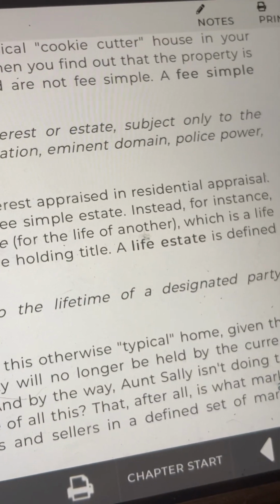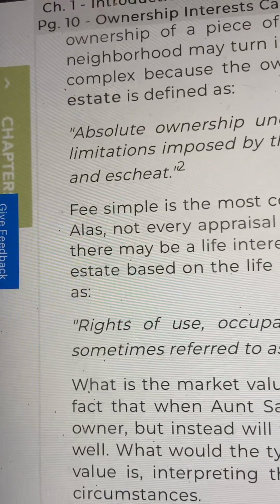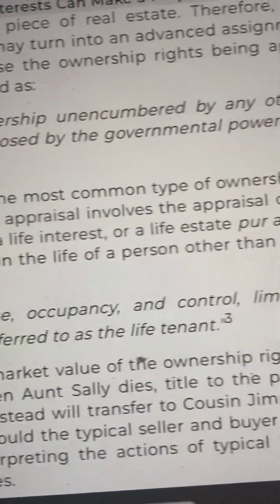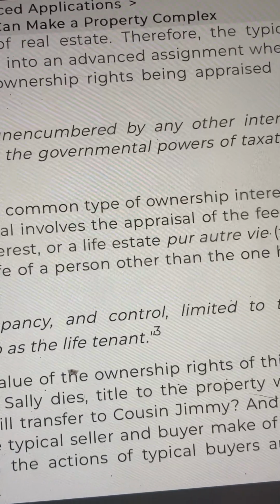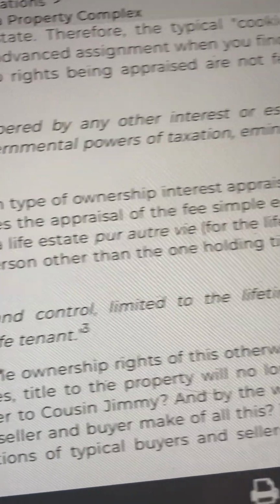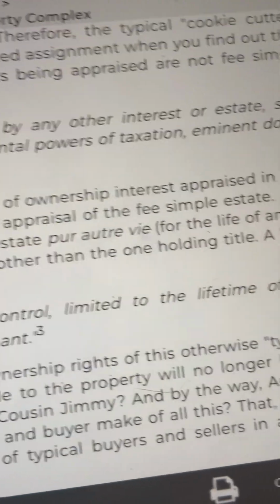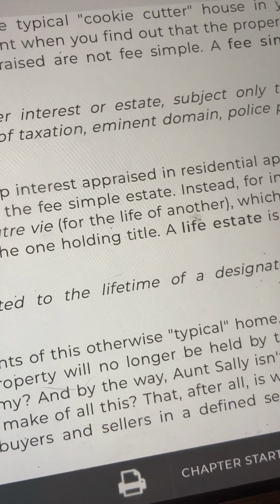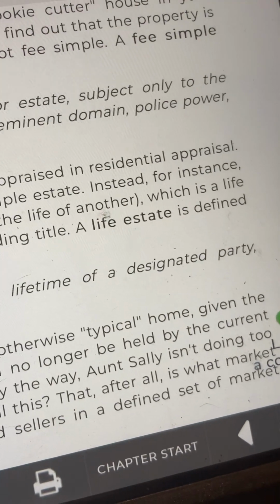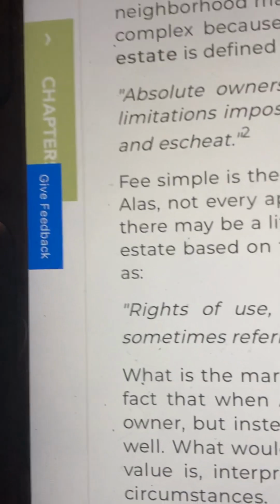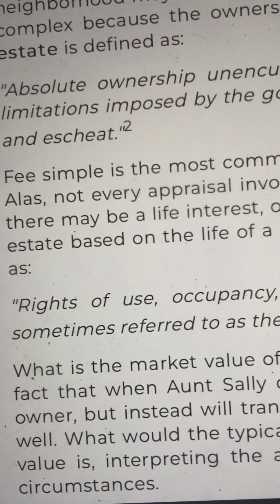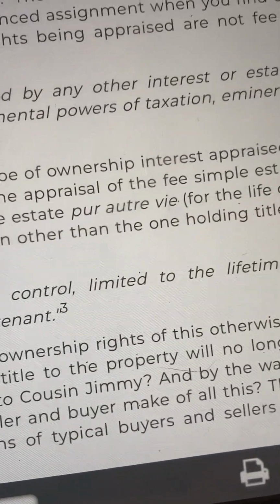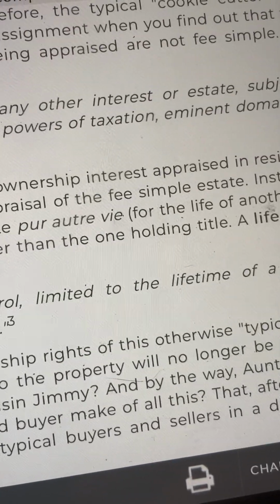Instead, for instance, there may be a life interest or a life estate pur autre vie, which means for the life of another, which is a life estate based on the life of a person other than the one holding title.